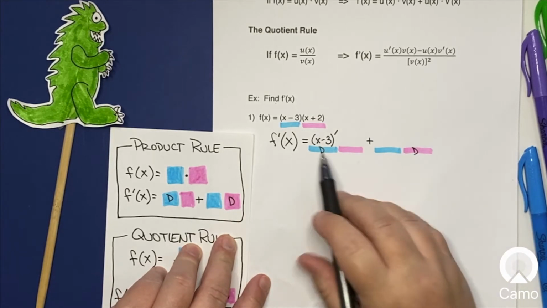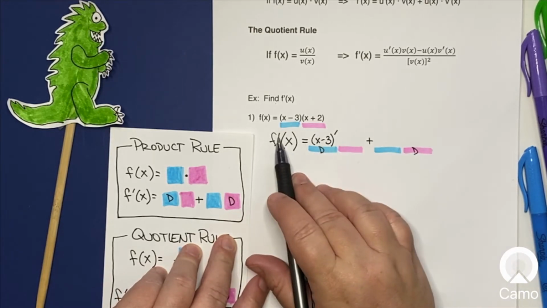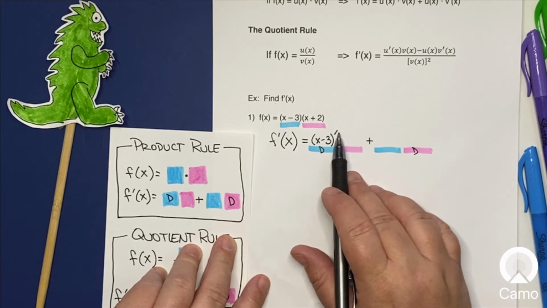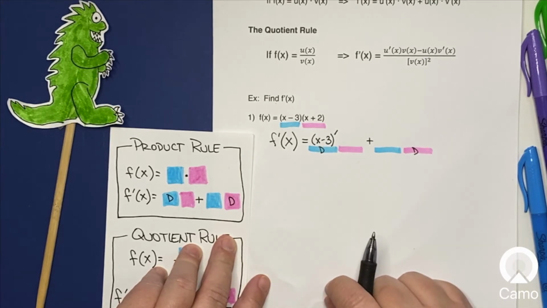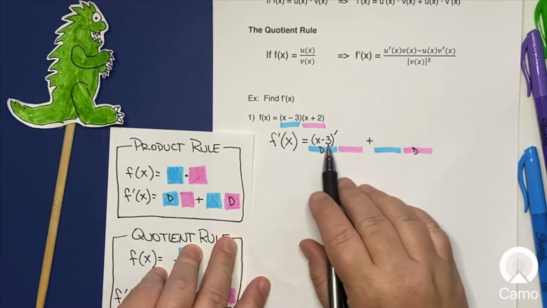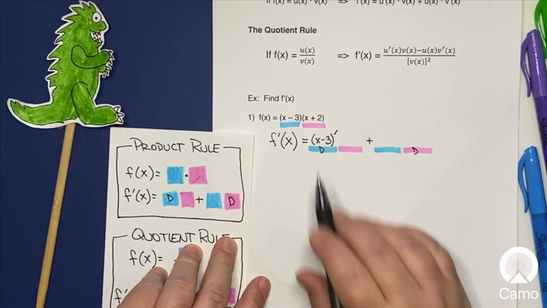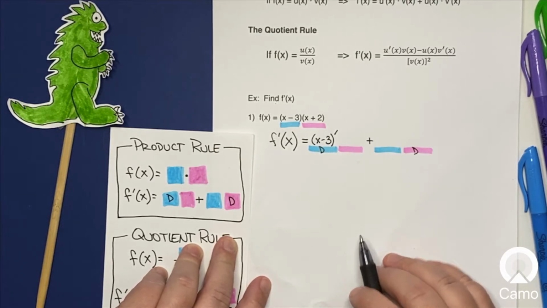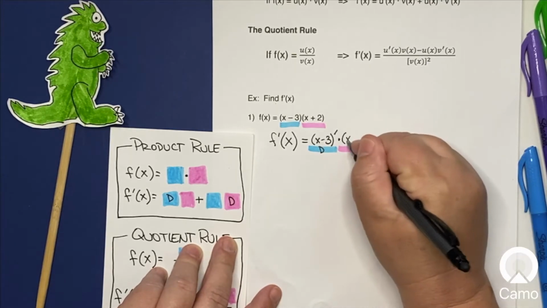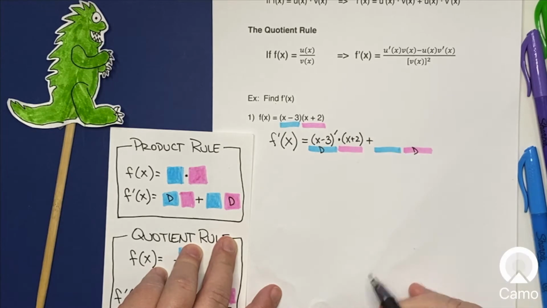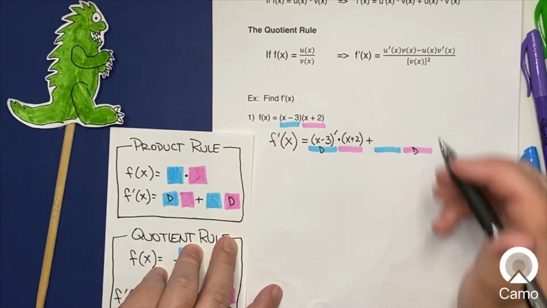We put this little prime notation around the expression we're going to take the derivative of, the expression we're going to differentiate. This is like slang. This is not nice. A lot of people would actually be horrified that I'm showing you this, but I found it very useful as a student, so I'm showing it to you.